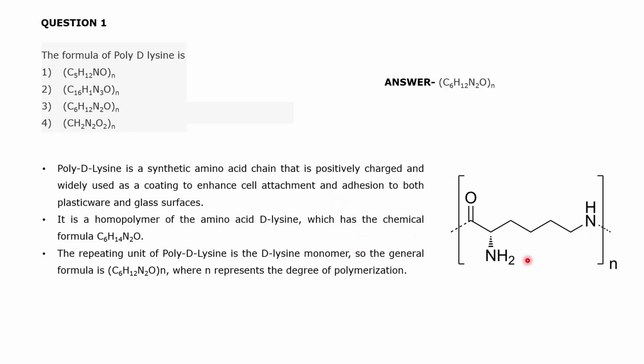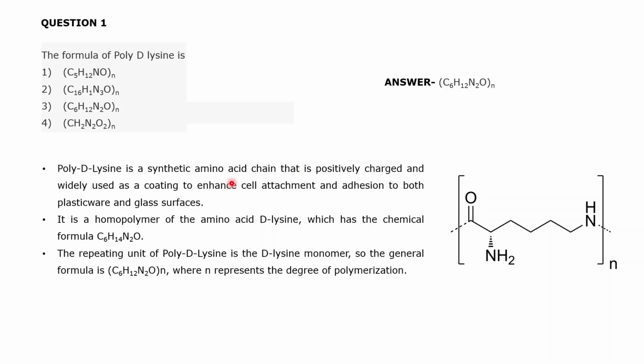So it is basically positively charged because of the presence of this NH group. It gets protonated to yield a positive charge. Because of this positive charge, and as it is made up of repeating units of amino acid, it is used in cell culture, especially for cell attachment, right?